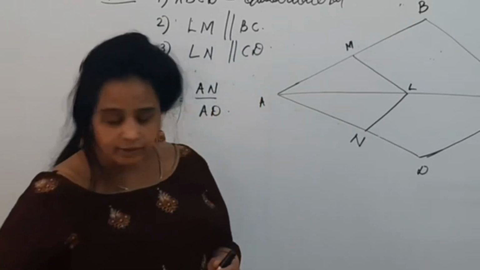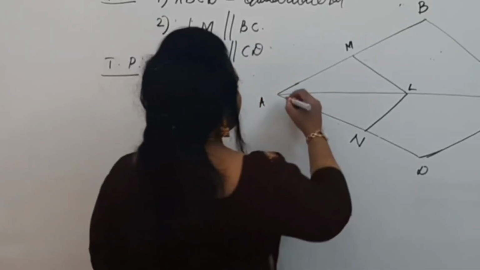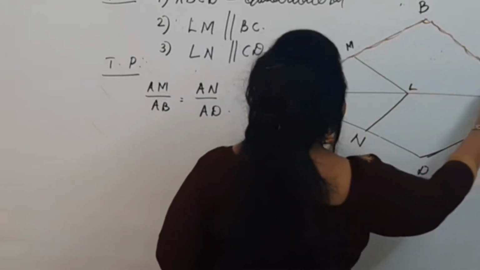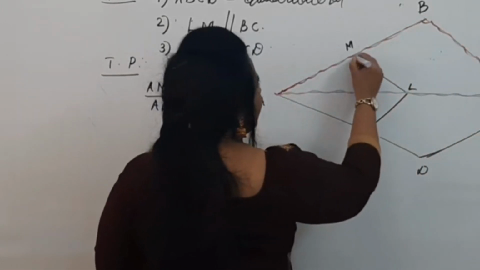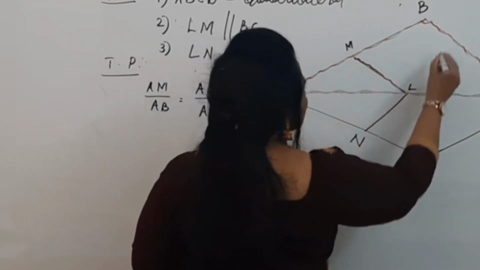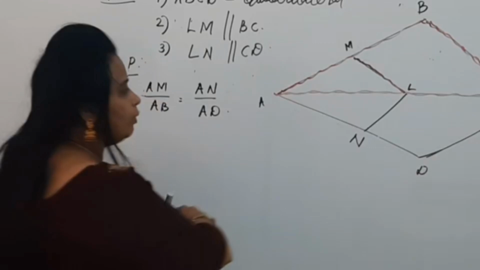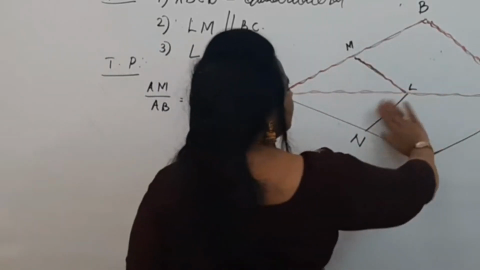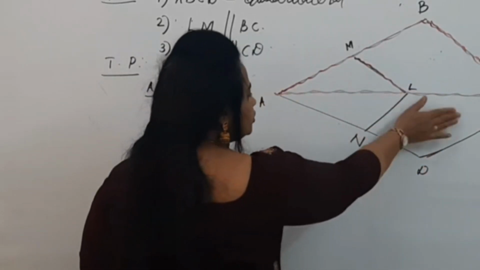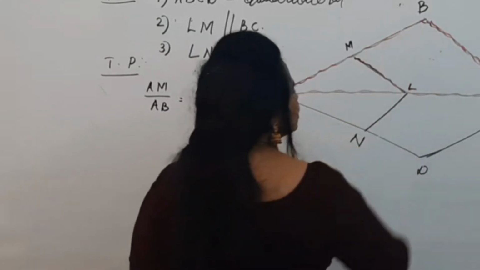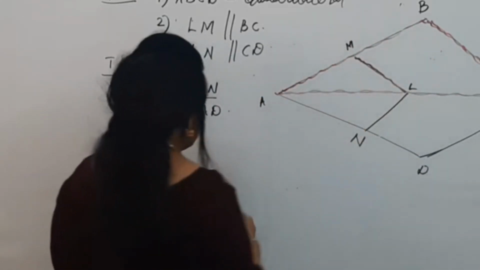Now you can see here that ABC is my triangle, and in this triangle LM is parallel to BC. So just look only at this triangle, and for the time being ignore the other triangle and concentrate only on this part, which is triangle ABC.